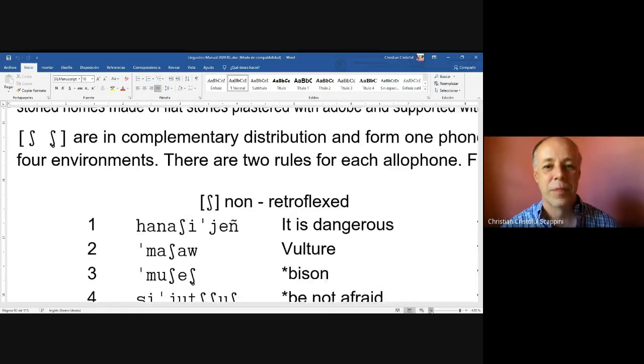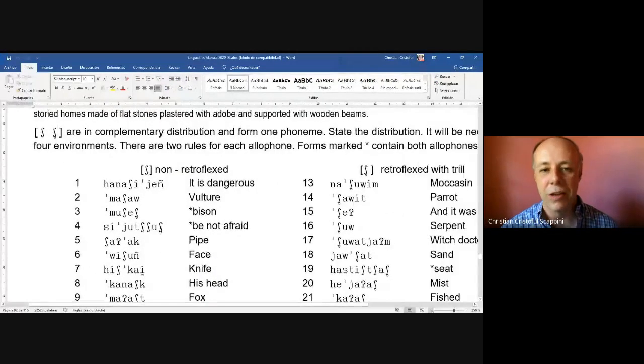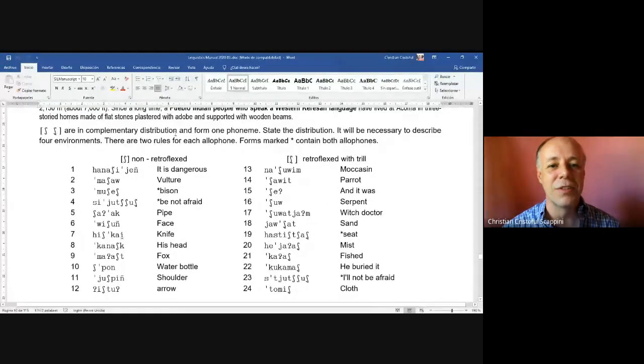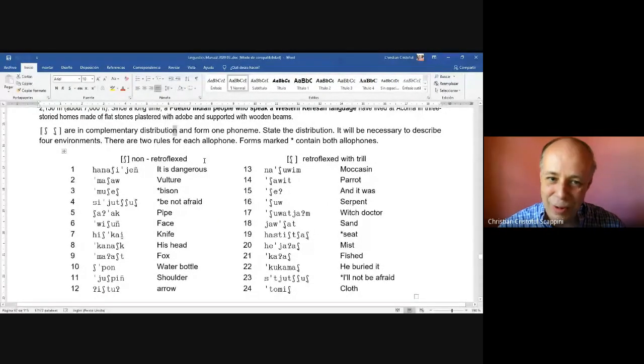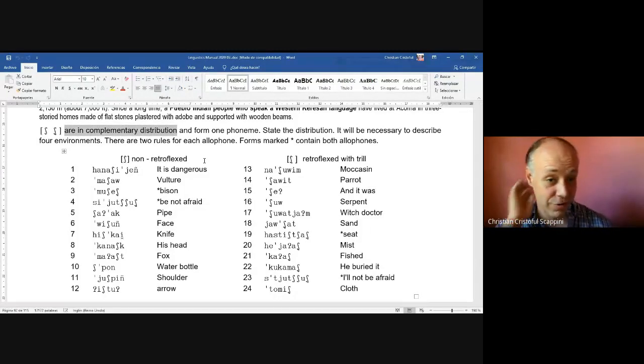Reading the instructions is extremely, extremely important. It says they are in complementary distribution. It already tells you that these two sounds are allophones because they are in complementary distribution. Every time we find complementary distribution, we know that the sounds we are studying are allophones. They form one phoneme, it says.